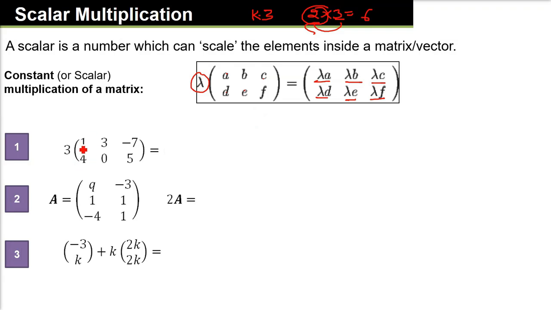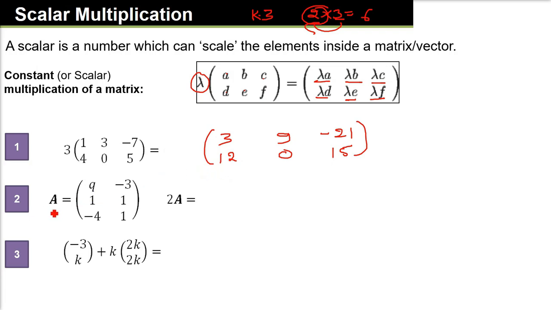Let us take an example. If we have to multiply this matrix with a scalar 3, what will be the result? 3 into 1 is 3. 3 into 4 is 12. 3 into 3 is 9. 3 into 0 is 0. 3 into 7 is 21. 3 into 5 is 15. So this is the constant or scalar multiplication.